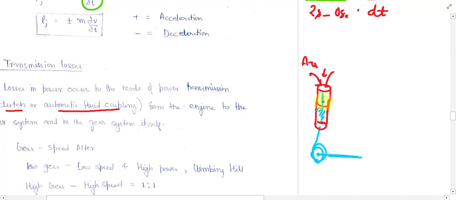So the power generated inside this piston is P initial, which is the maximum.